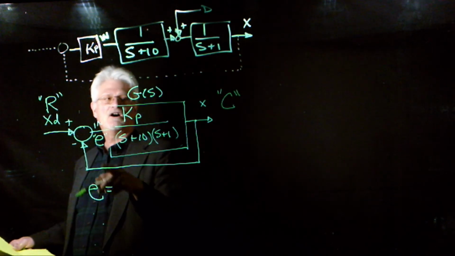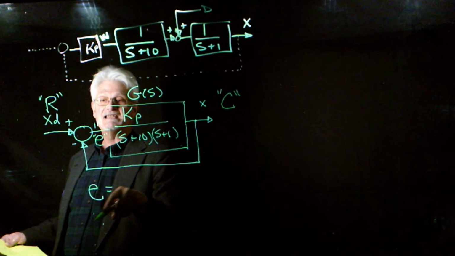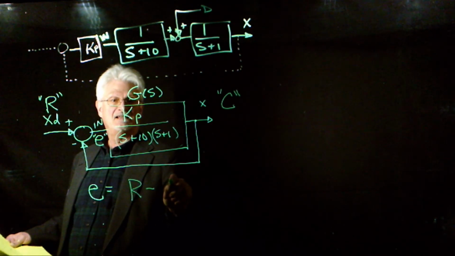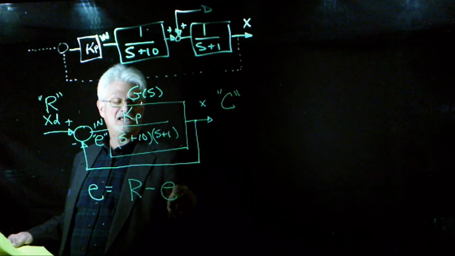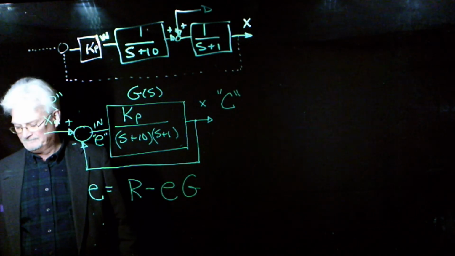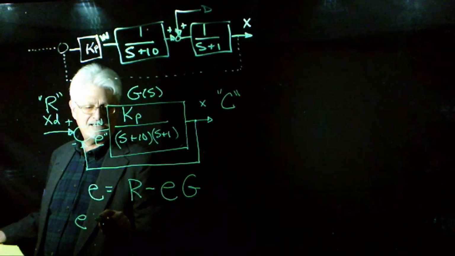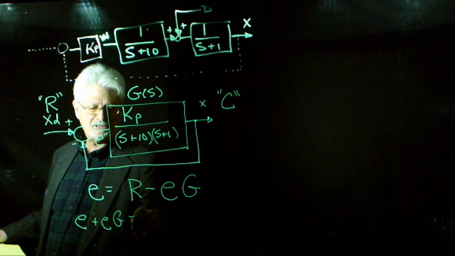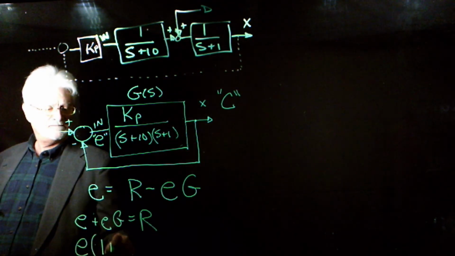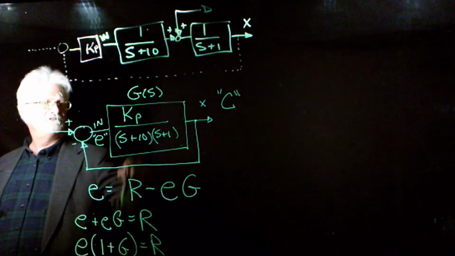E is equal to R minus EG. So I'll do my algebra: E plus EG equals R. This is E times (1 plus G) equals R. Remember, what G includes is the Kp here.